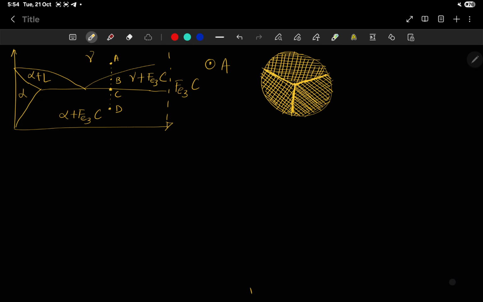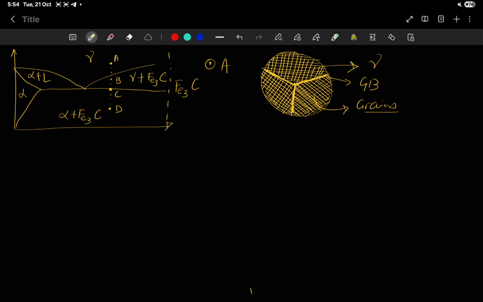So this is simple, we have already discussed. This is gamma. These are grain boundaries. These are grains. Grains are differently oriented crystals.